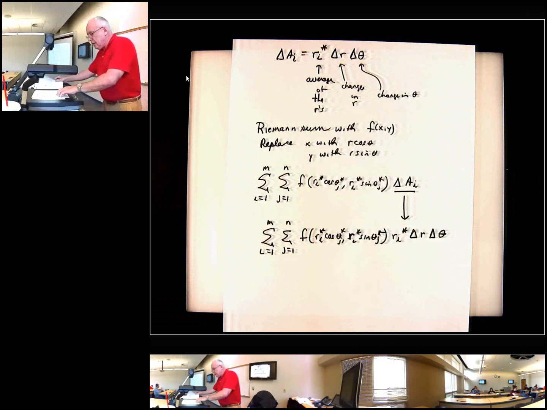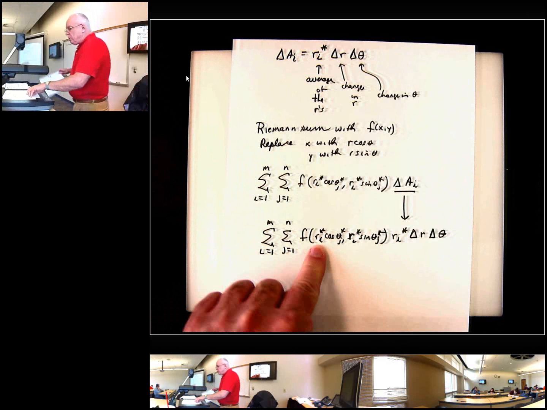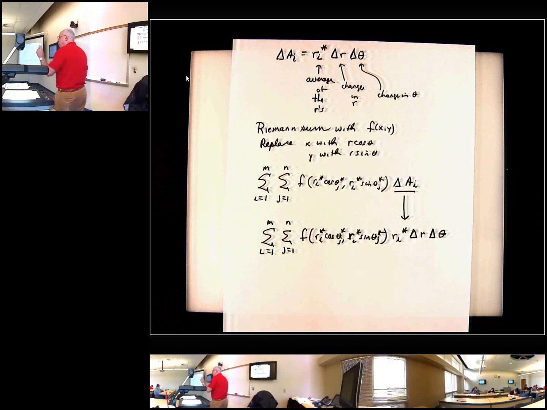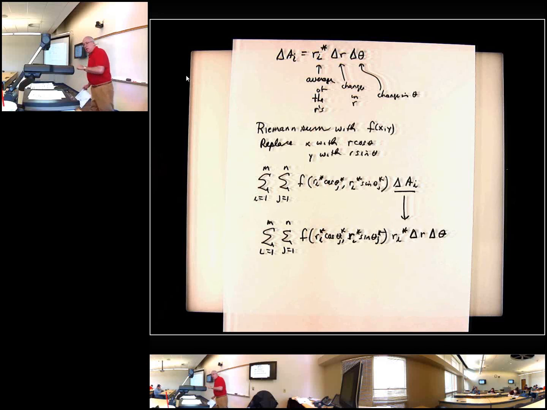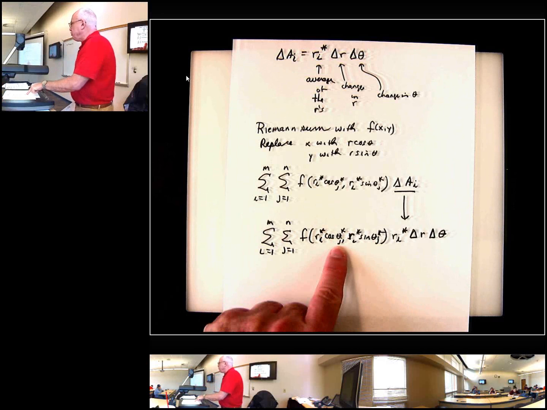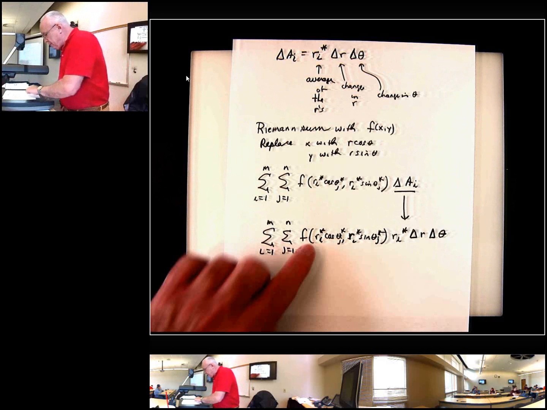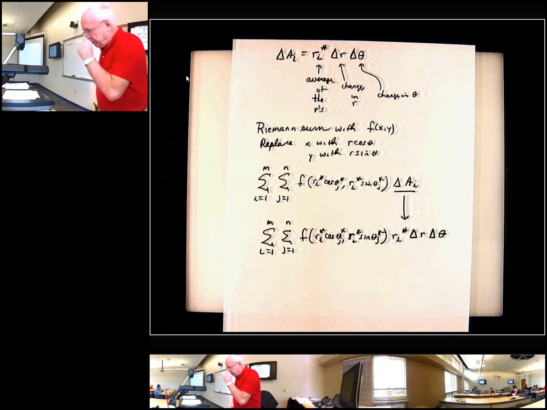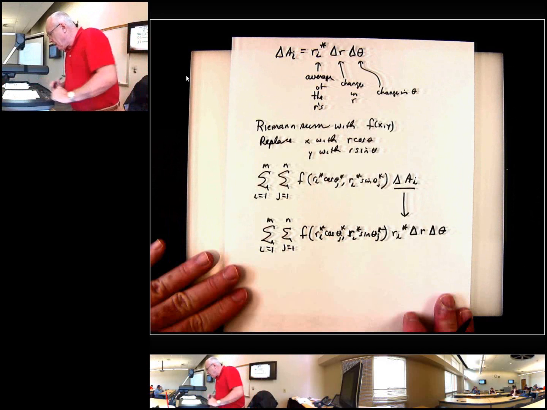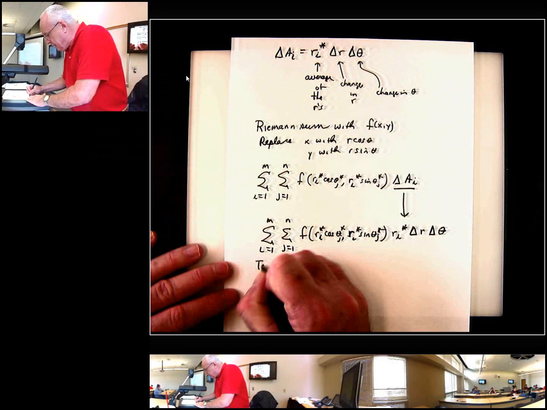Sorry about that. The r's have a subscript of i, because it's the same r for both the x and the y. The angle theta has the summation over j. So r sub i, theta sub j. All right, so we take the limit as m and n go to infinity.